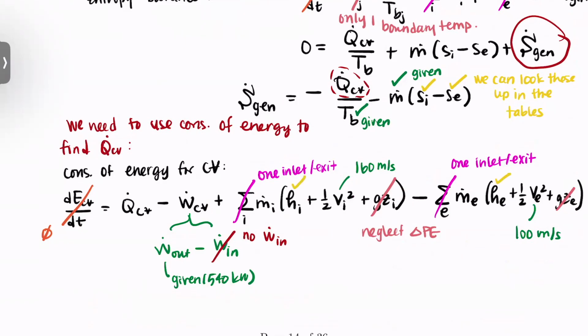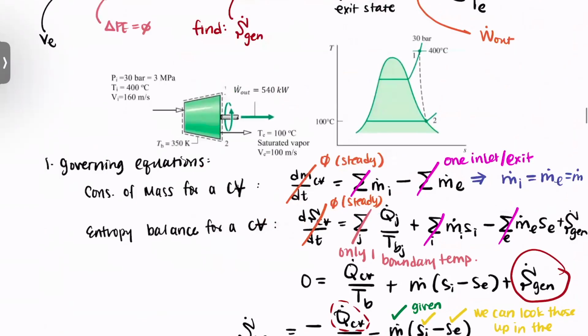Same as the note that I put before for the entropy values at the inlet and exit, we can also find the enthalpy at the inlet and exit because we are given enough information to look those things up in the tables. For the inlet, we're given both temperature and pressure, so that's enough information to figure out the state and then the enthalpy and entropy. For the exit, we're given temperature and we are also given its state, so we can figure that out as well.